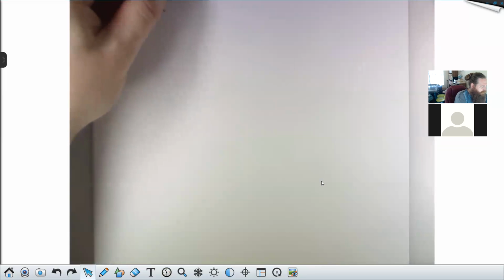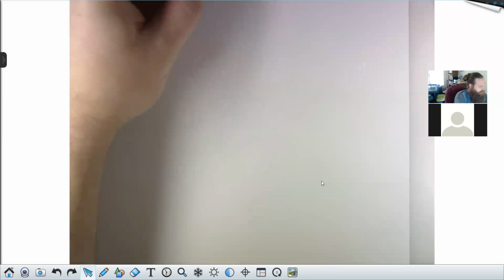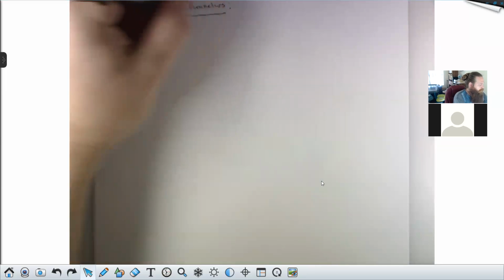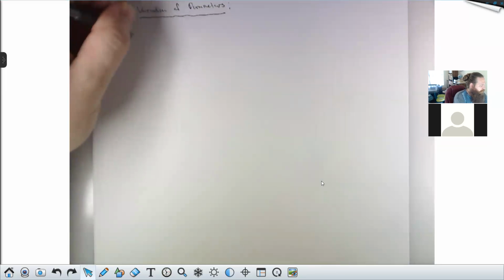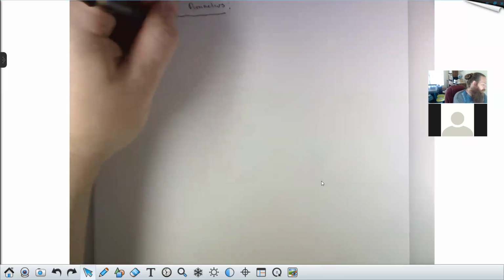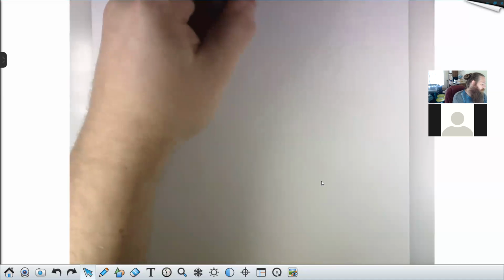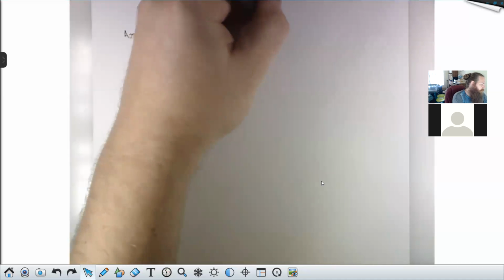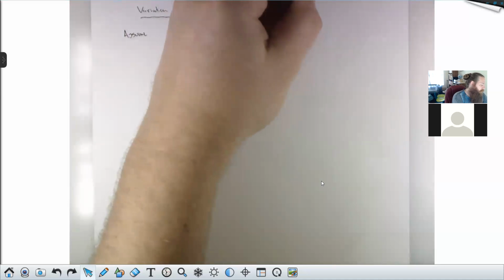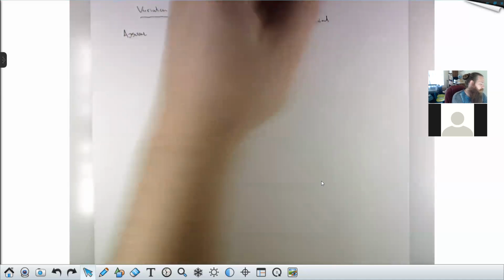So I'm going to tuck this in my pocket, and I'm going to hook up variation of parameters. I'm going to assume a few things: that y1 and y2 are solutions to the associated homogeneous equation.